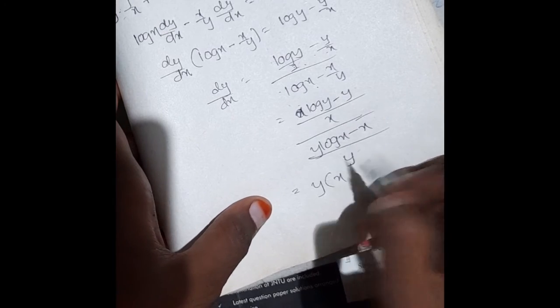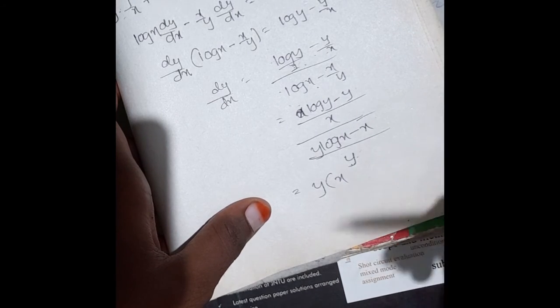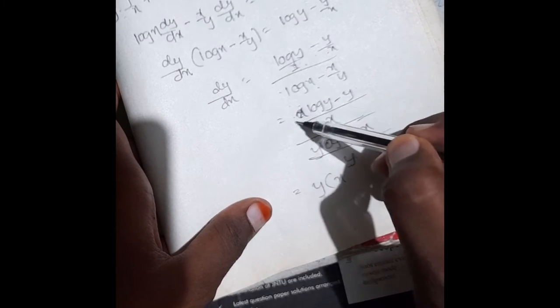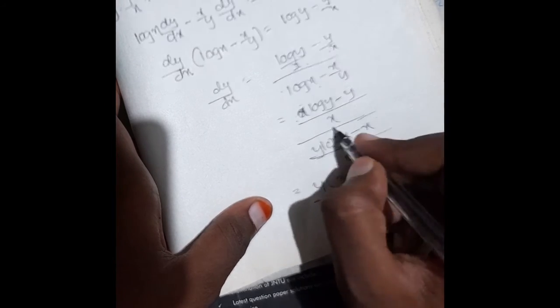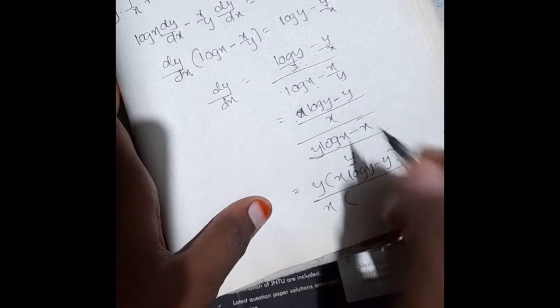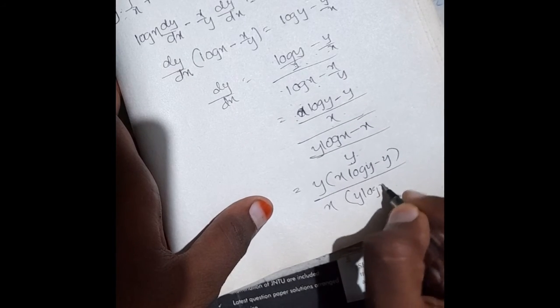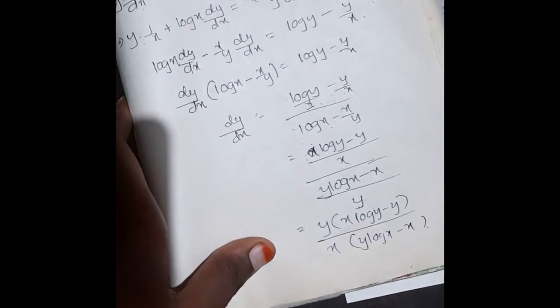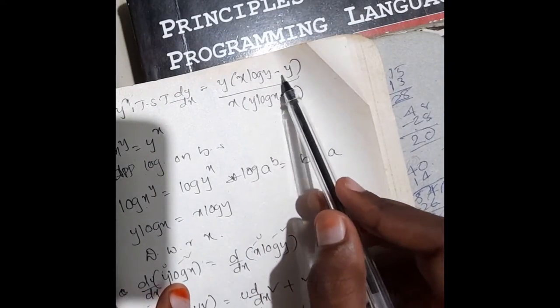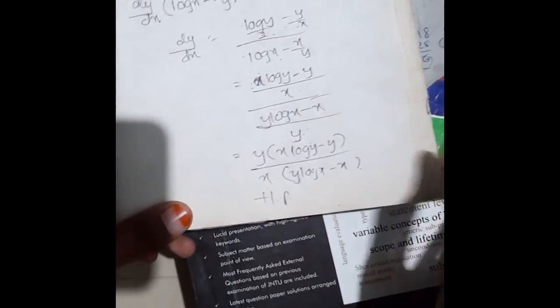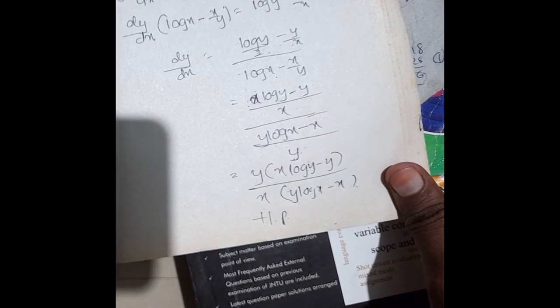Why does it go to the numerator? Always the denominator of the denominator goes to the numerator. So x log y minus y, and here x remains the same, and here it goes to the denominator, y log x minus x. So did we get what we are asked to prove? Yes, we got y into x log y minus y over x into y log x minus x. So hence proved.